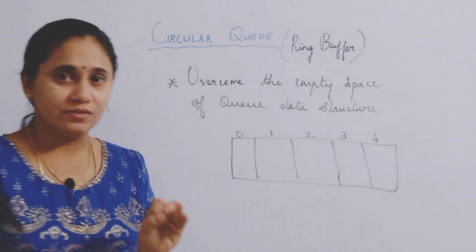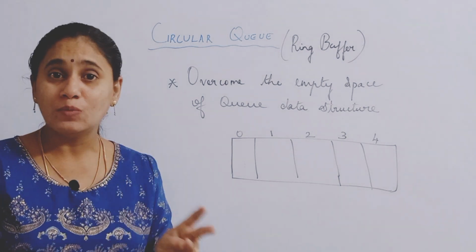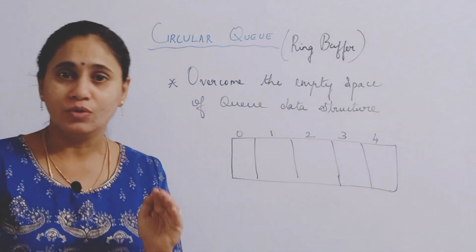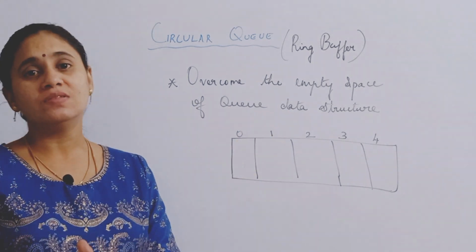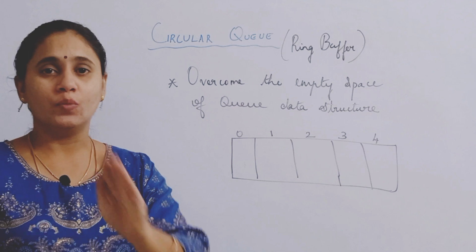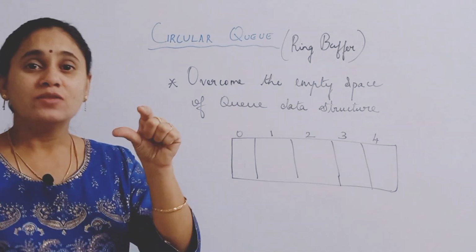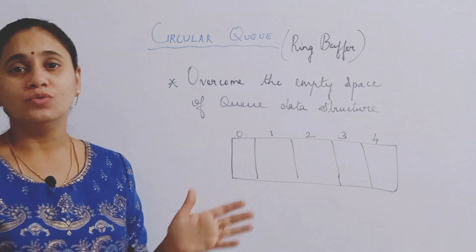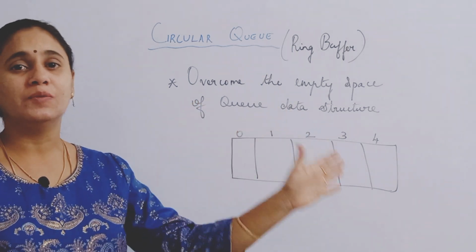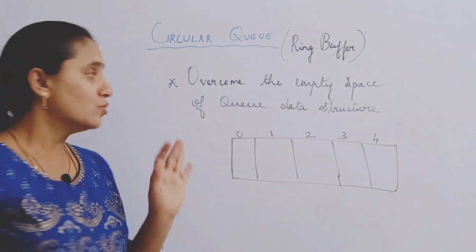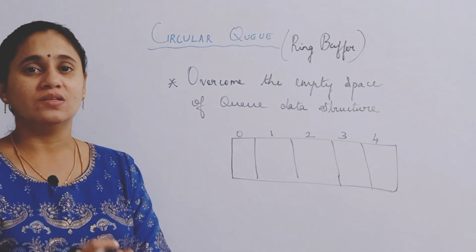Front and rear. The front pointer is going to delete the elements and it is going to increment one by one. In the place of the rear pointer, we are going to insert the elements and increment that pointer after inserting. This is the basic operation of a queue data structure.